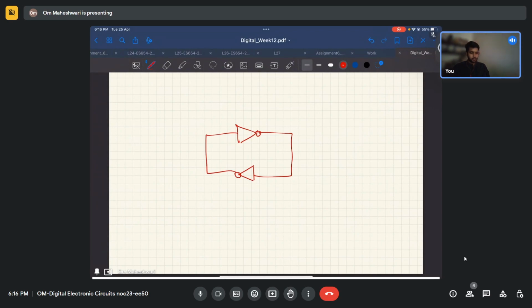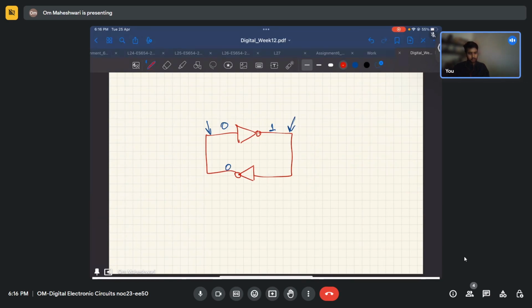If you give, let's say, 0 here, this will invert it to 1, and this 1 will go again here and become 0. So at this node it will always remain 0, and at this node it will always remain 1.